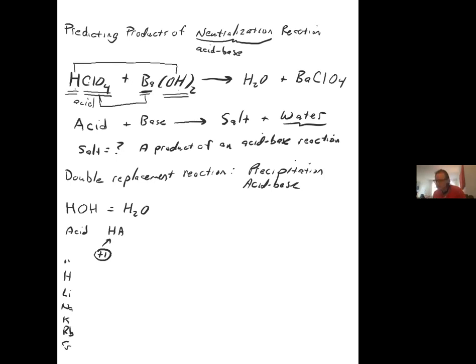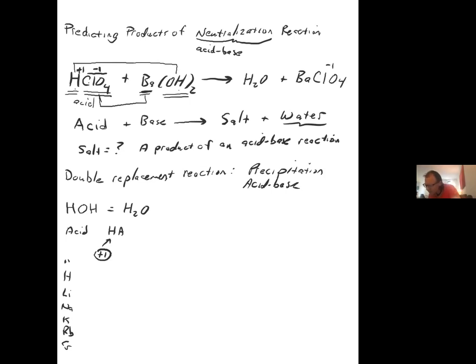So for acids, hydrogen is +1. If the hydrogen is +1, that means the perchlorate has got to be -1. You don't have to remember that perchlorate is -1; you just remember that hydrogen is +1 and figure out the perchlorate from it.